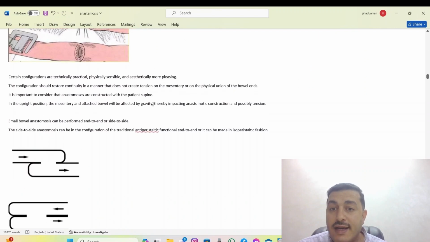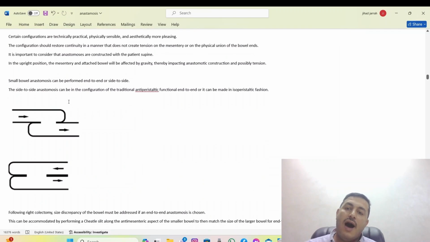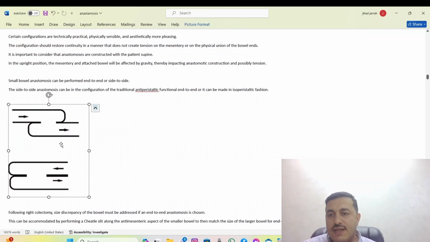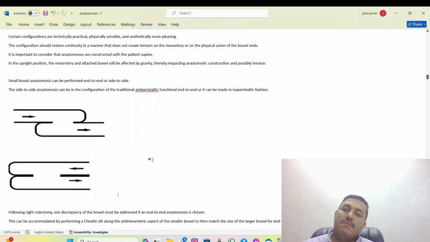Okay, actually what we want to say is that side-to-side can be isoperistaltic or antiperistaltic. Isoperistaltic, if you see this picture, means that the bowel content is moving in one direction. If we imagine that this is the oral side and this is the anal side, the content is moving in one direction.